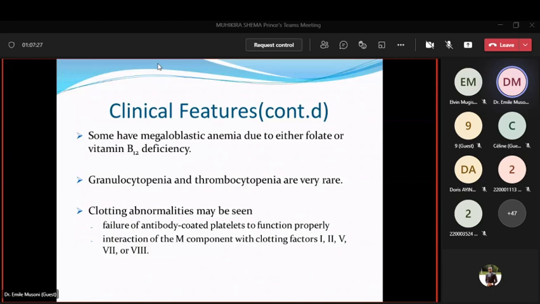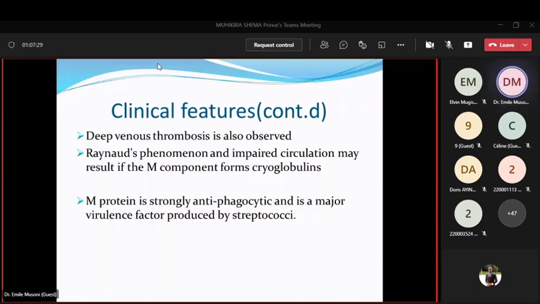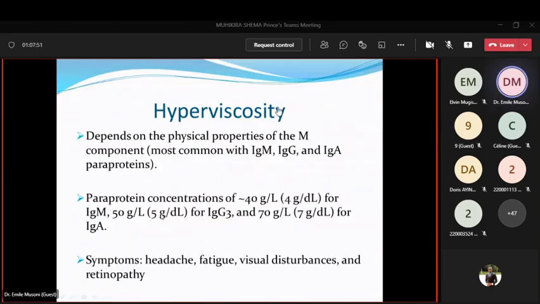The main characteristic also is M protein, which is strongly antiphagocytic and is a major virulence factor produced by streptococcus. So in multiple myeloma, we find M proteins. Hyperviscosity, you see this one, but it is not necessary.